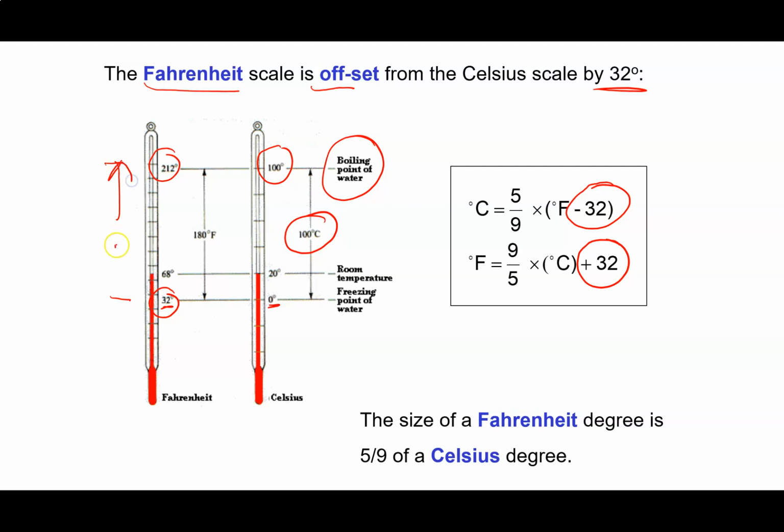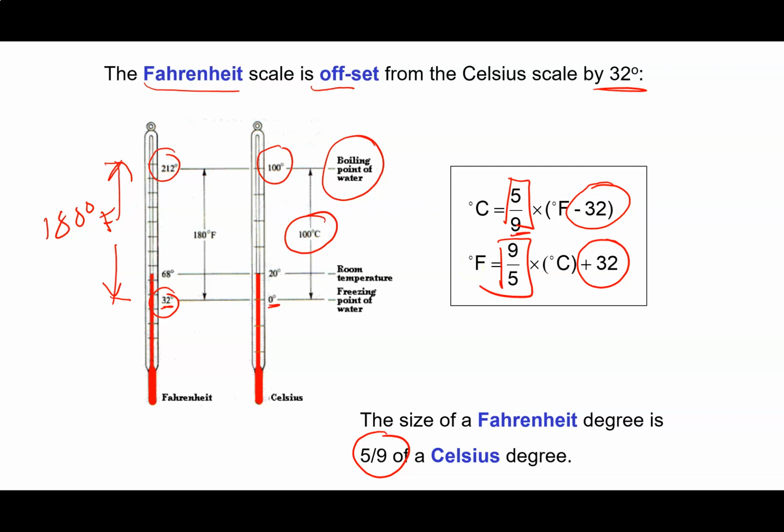That means that in the space that you have 100 Celsius units, you have 180 Fahrenheit units. That is, a Fahrenheit unit is only 5/9 the size of a Celsius unit or a Celsius degree. And so that's why we have this multiplier here in the formula.